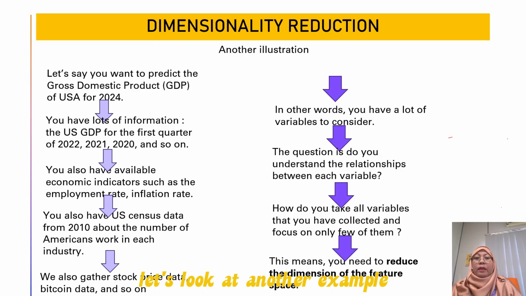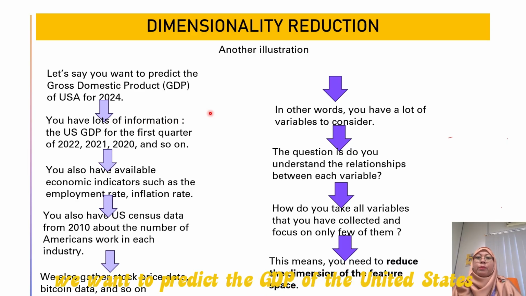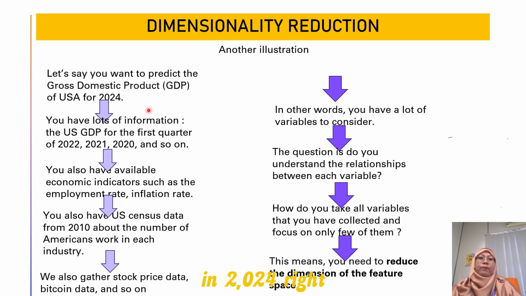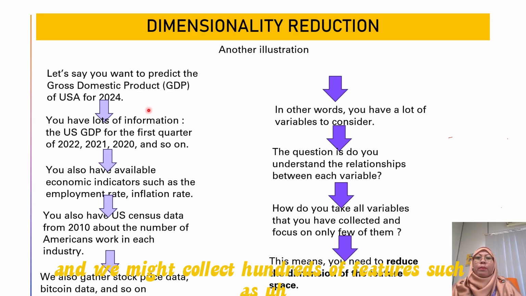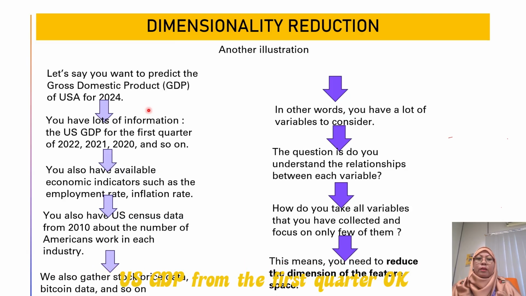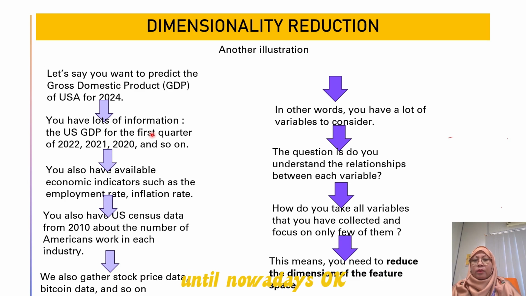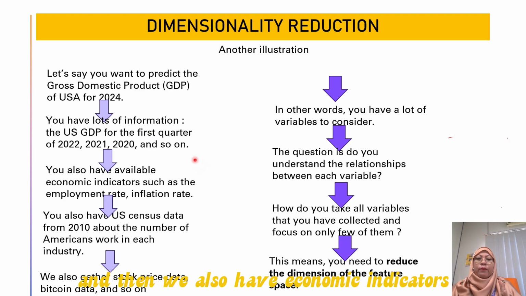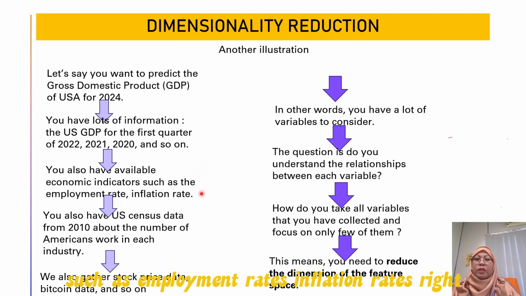Let's look at another example involving economic forecasting. Suppose we want to predict the GDP of the United States in 2024, right? And we might collect hundreds of features such as US GDP from the first quarter until nowadays, and economic indicators such as employment rates and inflation rates.